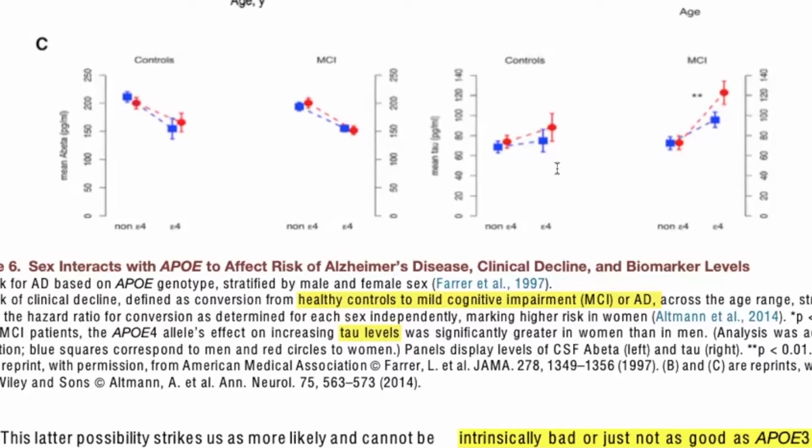And here you have a distribution of the tau levels, with females in red and males in blue, with and without the APOE4 variant. You can see that in mild cognitive impairment there is a higher presence of the APOE4 variant correlated to tau pathology in women.